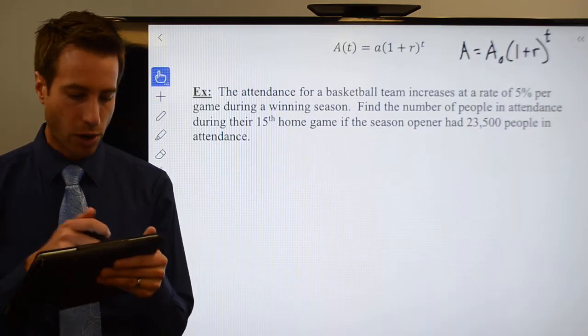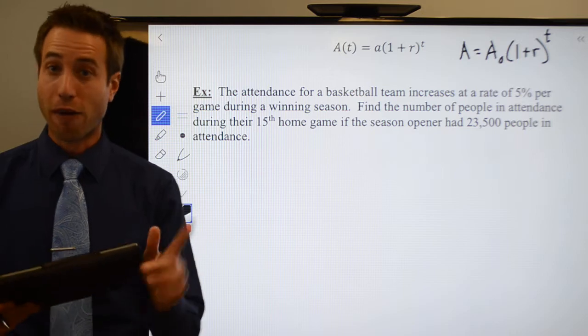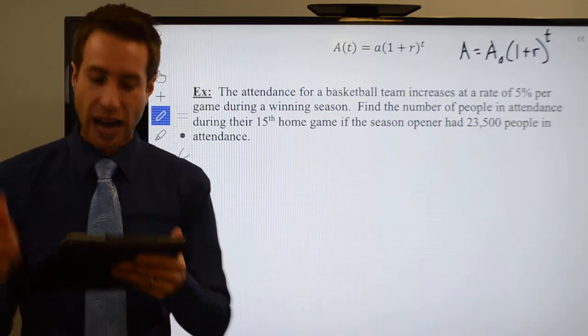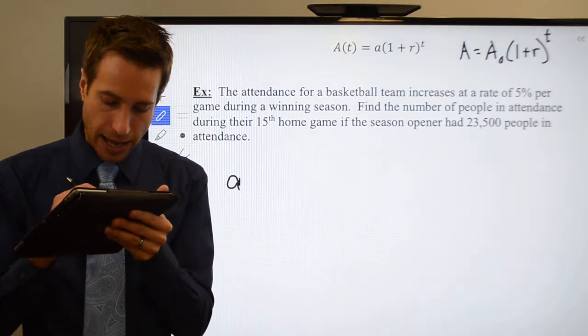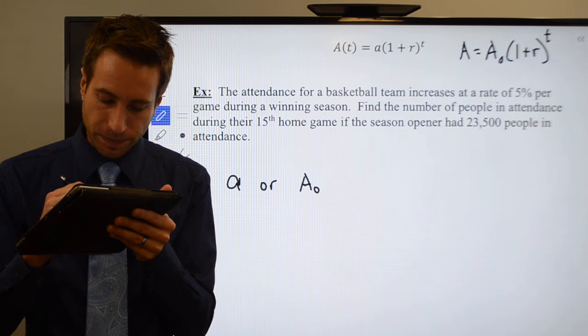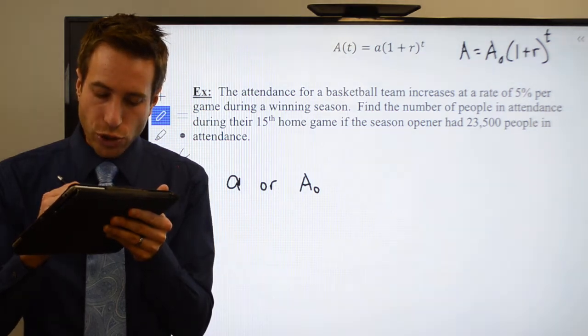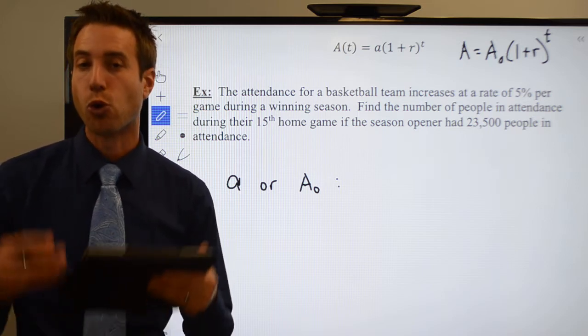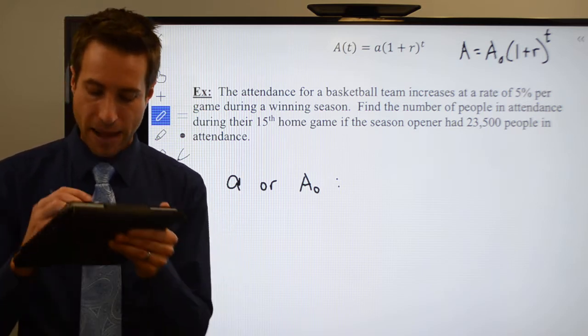So let's talk about what all these variables mean. Well, first of all, lowercase a or A naught. What those are going to mean is they're going to represent the initial amount or the starting amount.